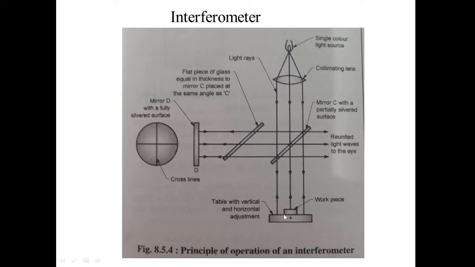Remember that this table is tilted, so you are going to get two sets of interference fringe patterns.